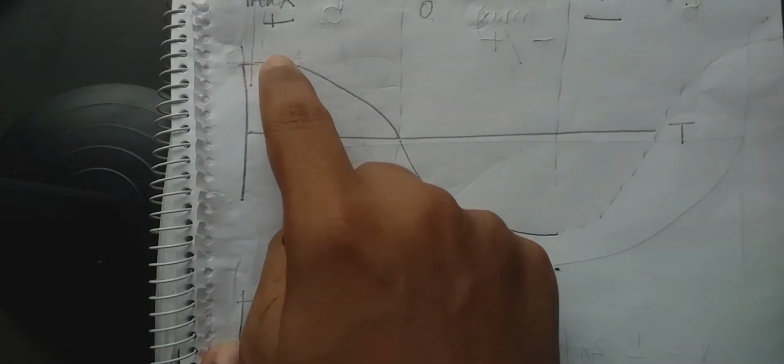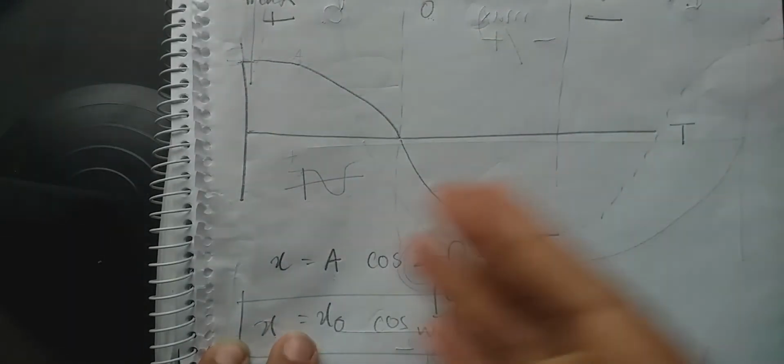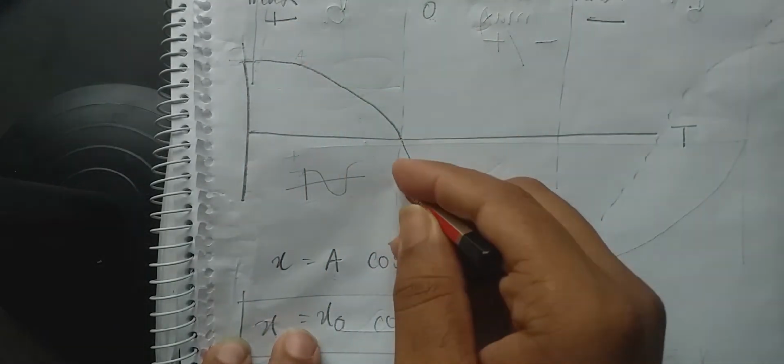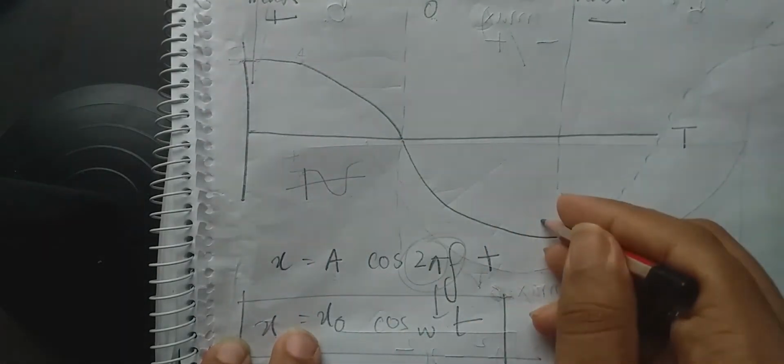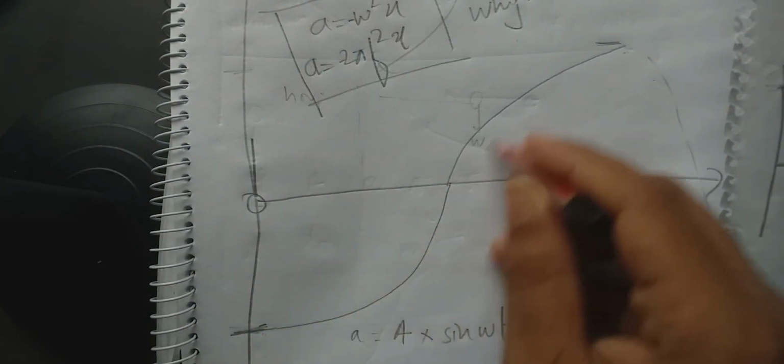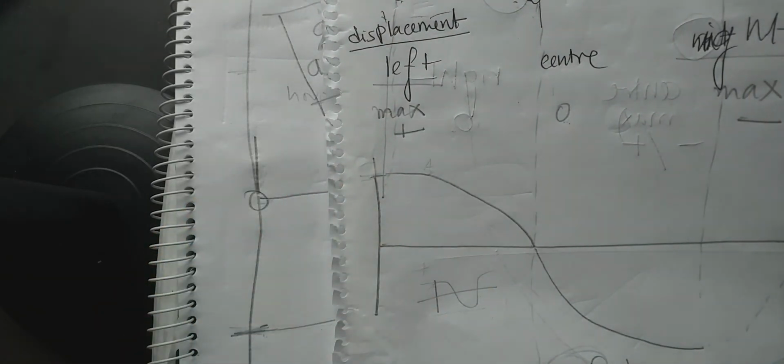For displacement, in the same example, it starts from the maximum and follows a cosine curve. And for the acceleration also, it starts from a maximum point and follows a similar curve. But the difference is that it's opposite: one starts from the negative axis, and the other starts from the positive axis. So we can see the relationship working here, that they are opposite in direction.